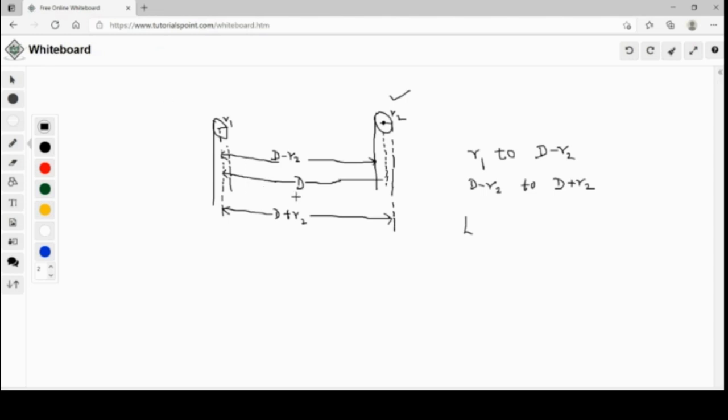So, the inductance, let me start from the first here. The inductance due to that I will call L12. The inductance due to the current in conductor 1 can be calculated using this relation.